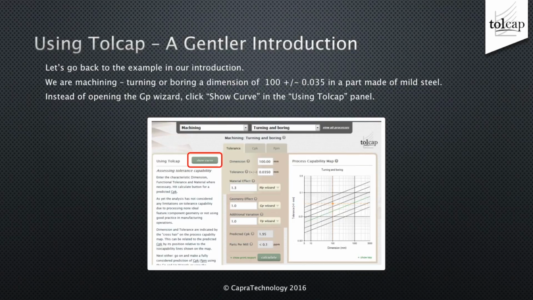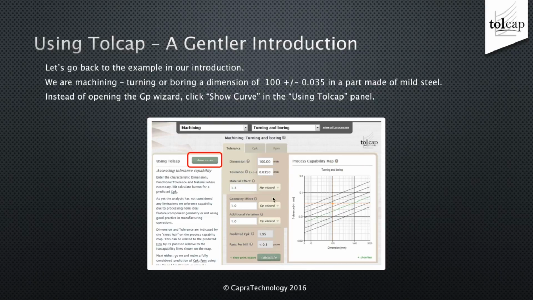Let's go back to the example in our introduction. We're machining, turning and boring a dimension of 100 plus or minus 0.035 in a part made of mild steel. Last time you selected the turning and boring map in the machining section and entered the dimension and tolerance of interest, 100, 0.035 and clicked calculate.